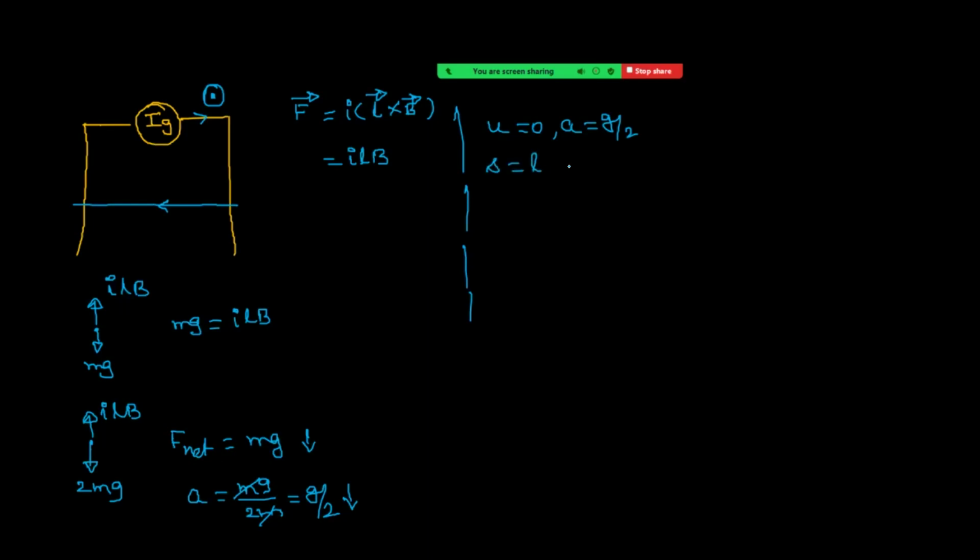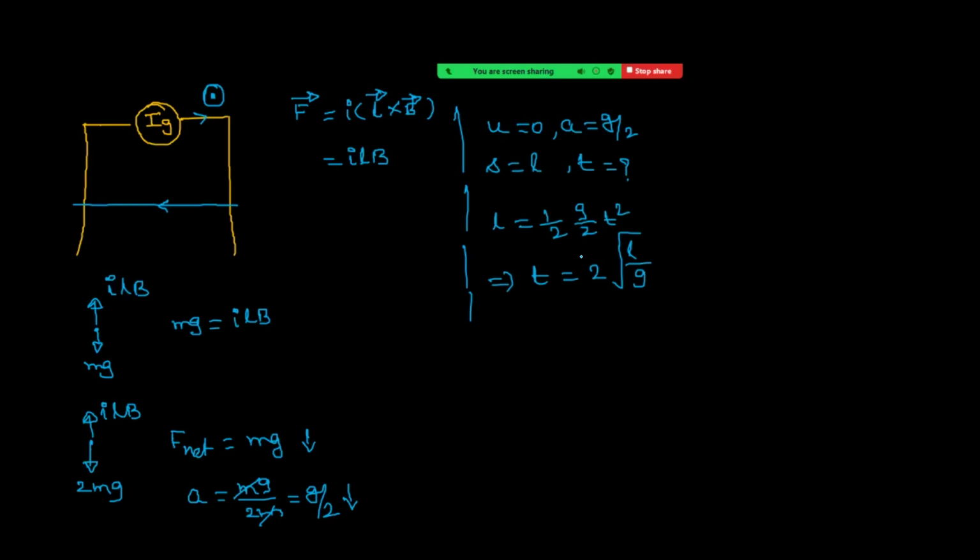Displacement is L. We have to find the time taken. Then I can write S equals half a t square. So from this, the t value is 2 root of L by g, right? So like this, we can calculate.